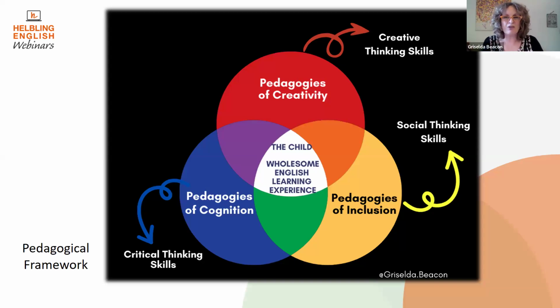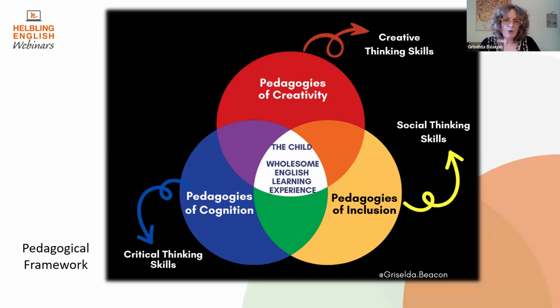Because with the big stroller and the activity he planned, he was working with imagination, and curiosity and play. So in a way, all of these immediately trigger the children's creative thinking skills, right? And then they combine with the pedagogies of cognition.